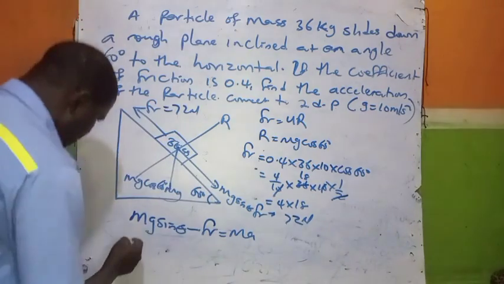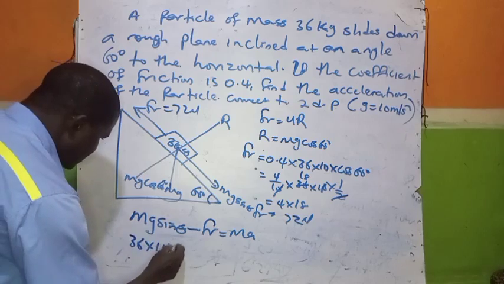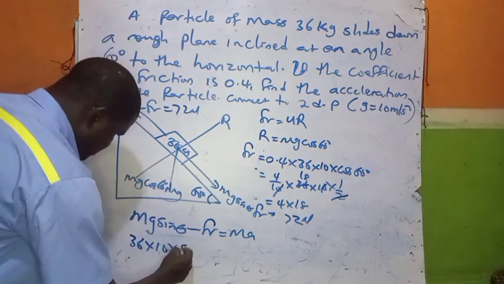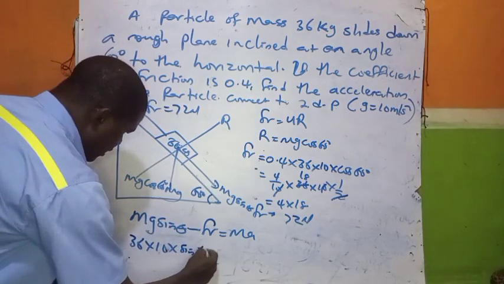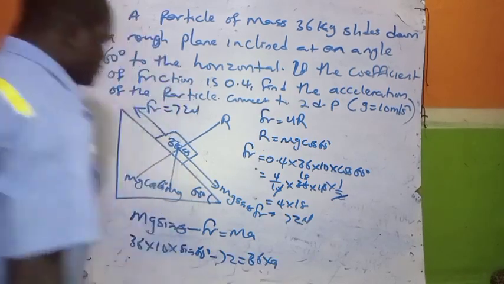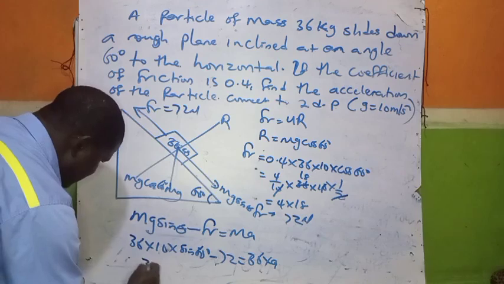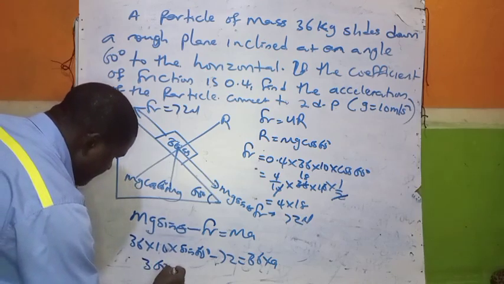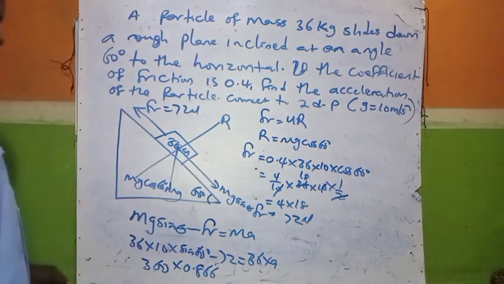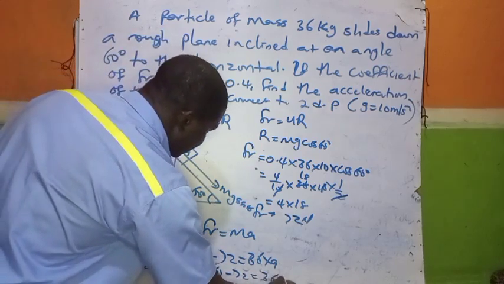So you have 36 times 10 times sine 60 degrees minus 72 equal to 36A. So you have 360 multiplied by 0.866, minus 72, equal to 36A.